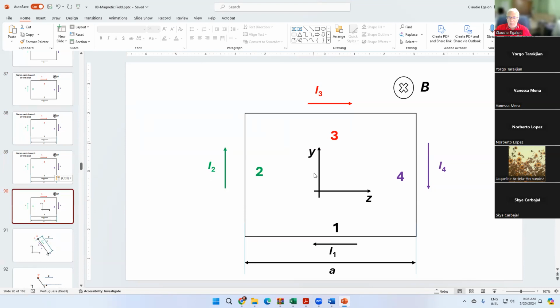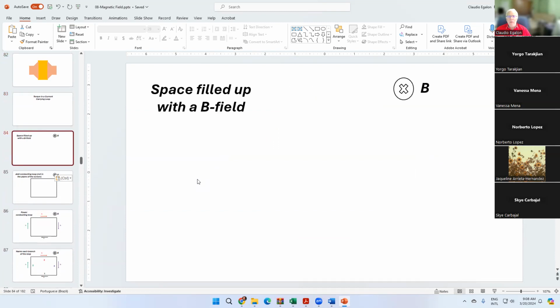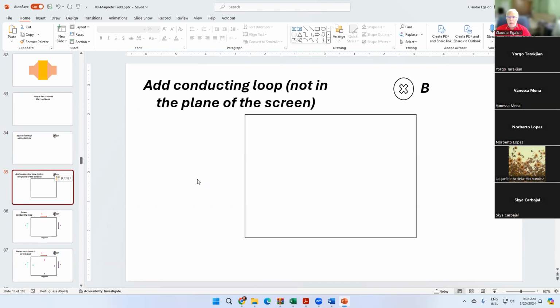Here is the plane YZ, okay? Axis into the board. Okay, let's do that again. Here, B field into the board, a loop.